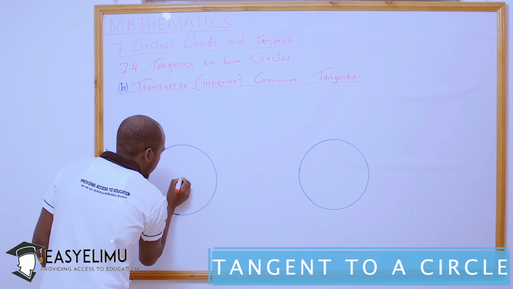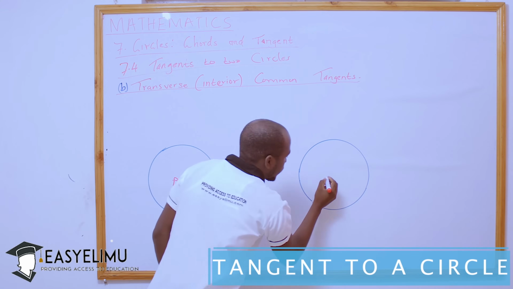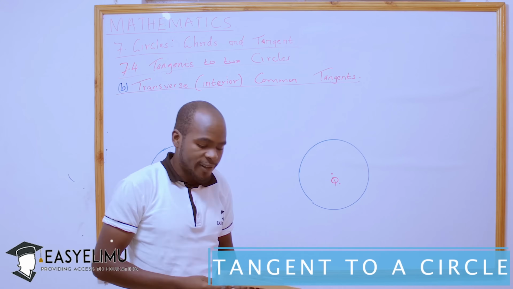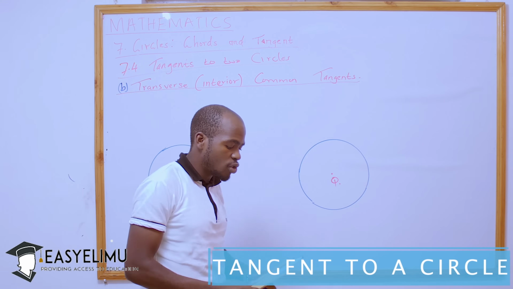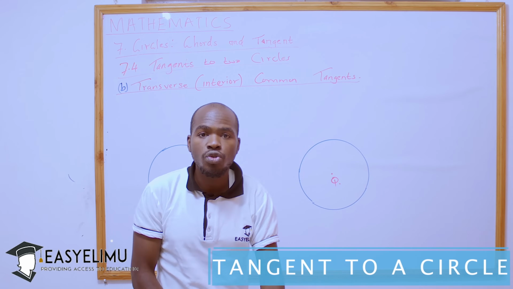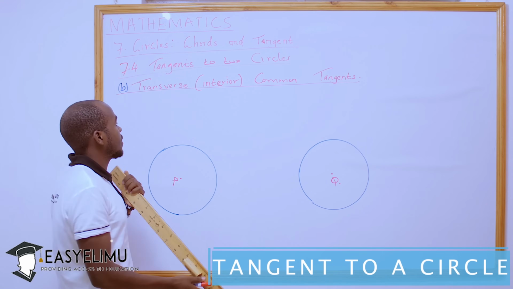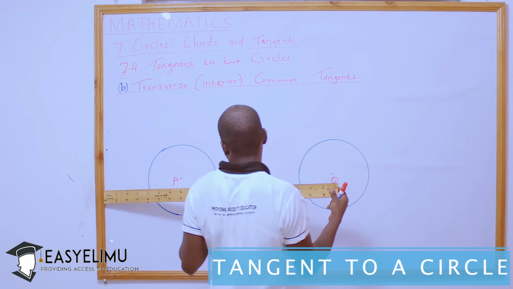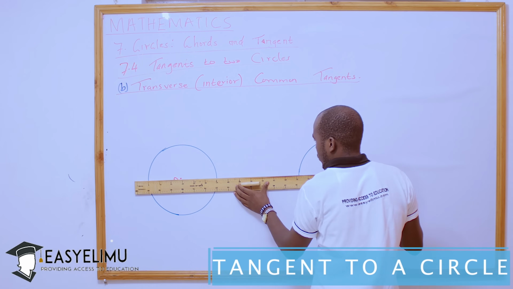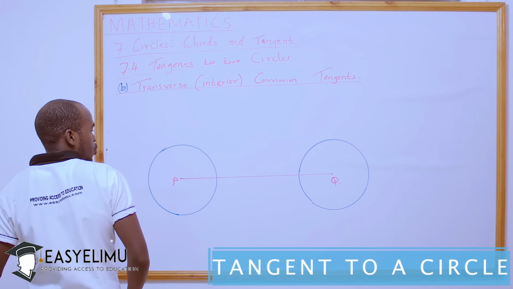I'll take my circle here to have center P, and this one to be of center Q. My circles here are of the same size. So after drawing circles of given radius, the next thing you do is join the two centers together. So I'll join P to Q.